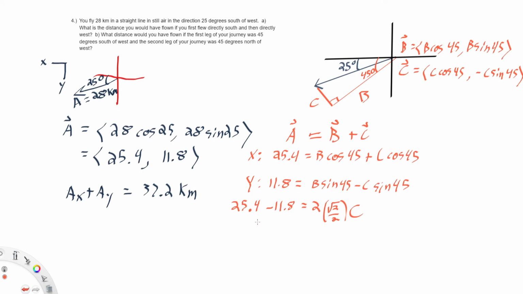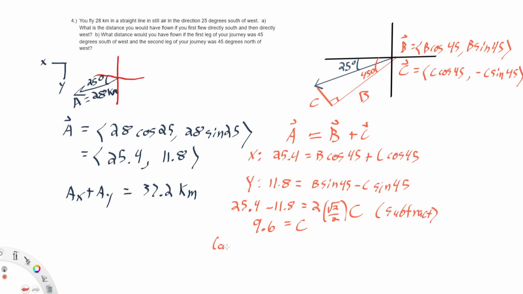So this tells us that c is going to be equal to 9.6. If we do the other thing and we add these two instead of subtracting, the c terms will cancel and the b terms will add up. So this is from subtracting.